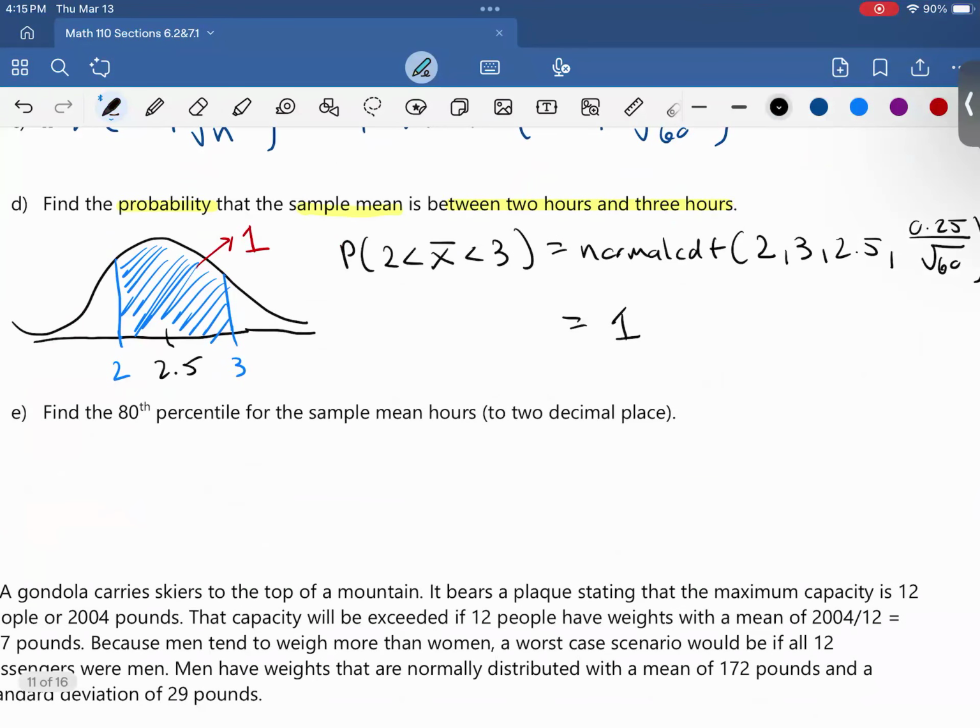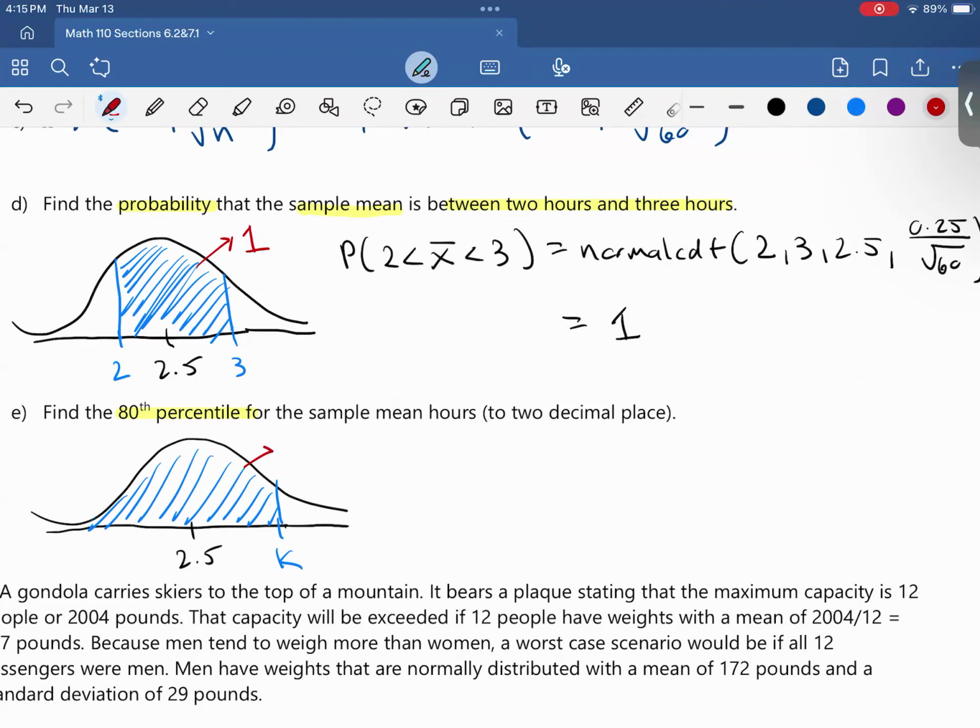Let's go ahead and do part E. Same thing, we want to find the 80th percentile for a sample mean. Round to 2 decimal places. Let's draw this distribution. I want to find the 80th percentile. I know the 80th percentile would be somewhere all the way up to the right, because it's almost 80% of your data.